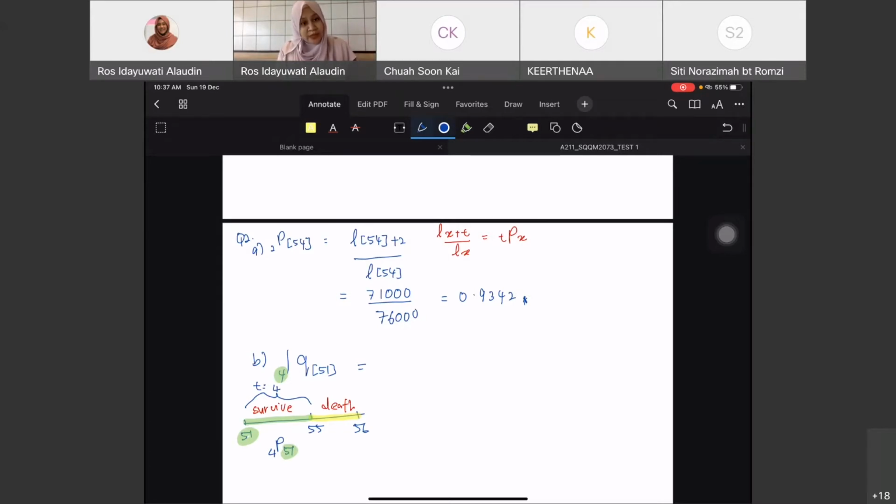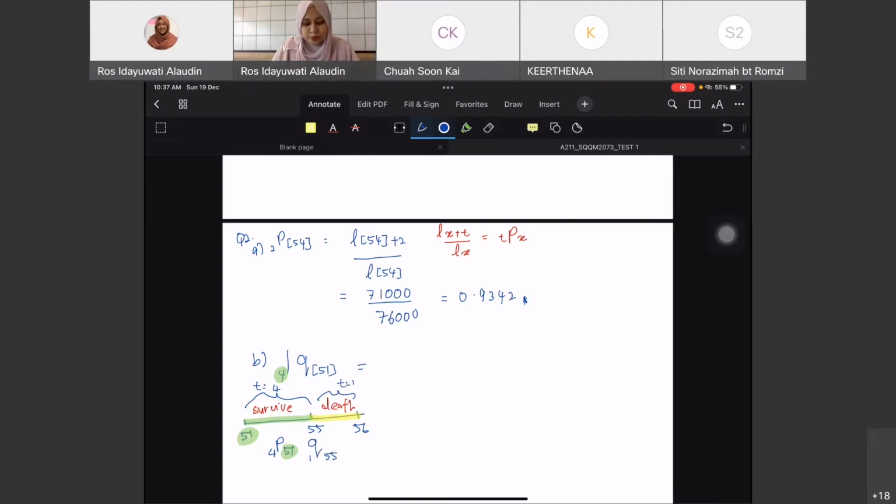So we calculate the probability of survival because we assume that that person must survive. So at age 55, now it becomes Q55, T is equal to 1 here.